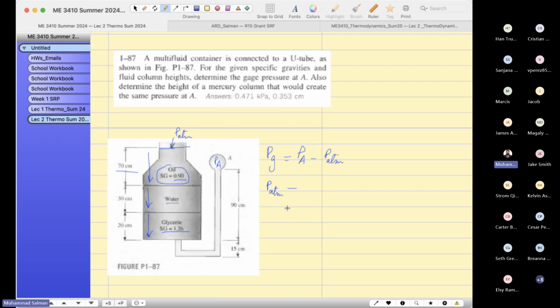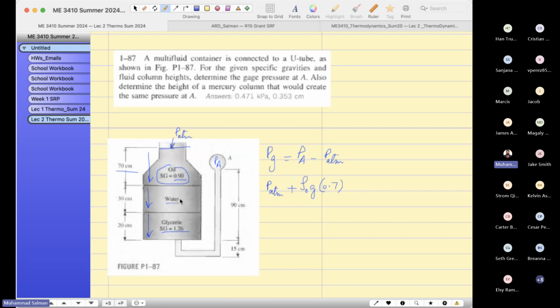Should I add or subtract that pressure head? Can you tell your professor? That's good. You have to add it because it is going downward. To be consistent, you have to add the pressure head. So I'm going to use rho oil g times h, which is 0.7.